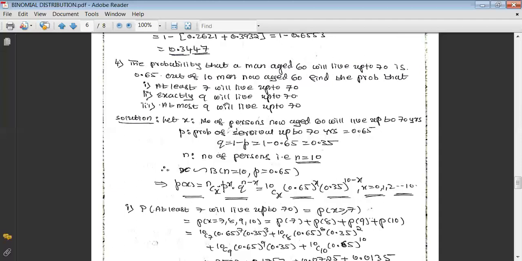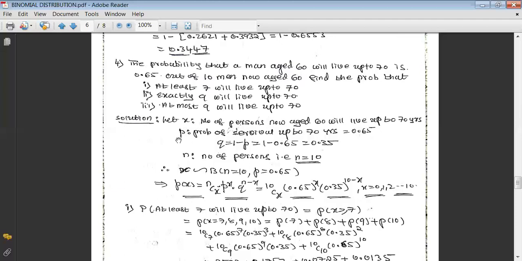That's why here we are going to define X as the number of successes, that is, the number of persons now aged 60 who will live up to 70 years. That will be the variable.